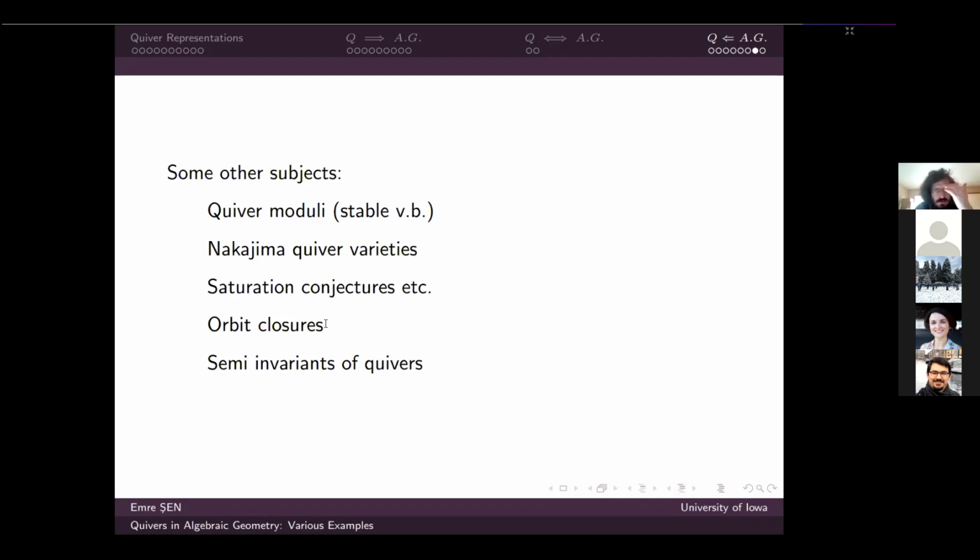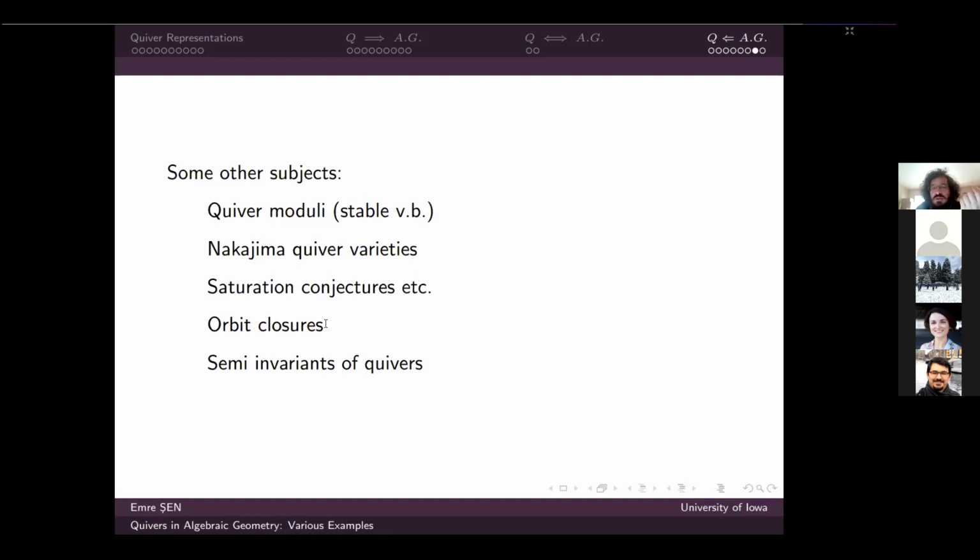If you brief the definition, one can define the slope there, the degree of the Chern class over the rank, right? And a bundle is called stable if every sub-bundle satisfies some numerical condition. One can carry that thing to the quiver representation setup and study this quiver moduli, right?